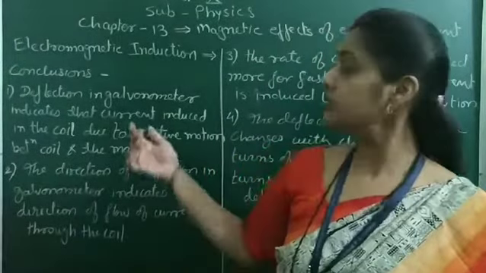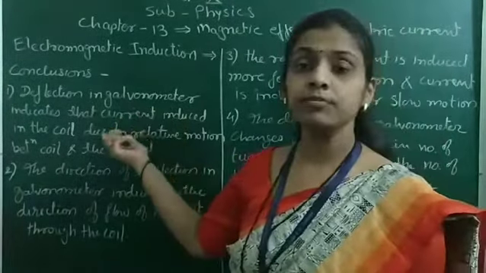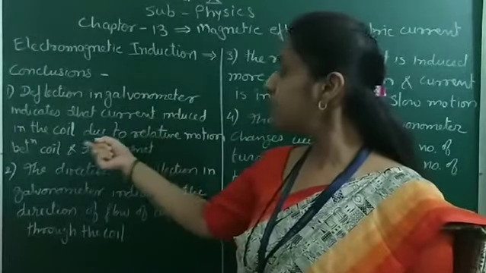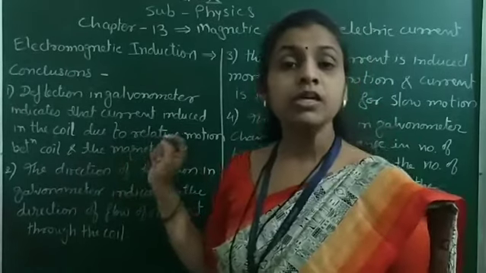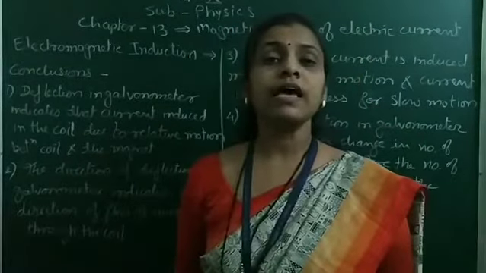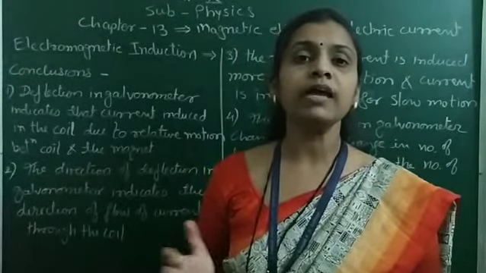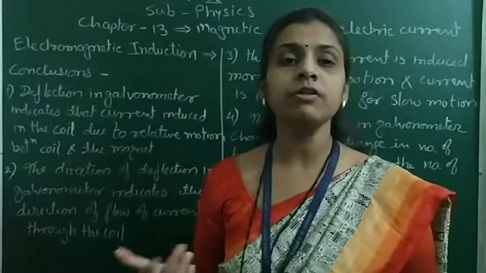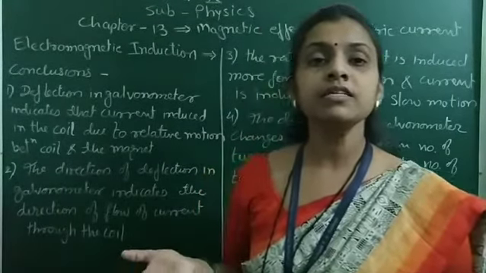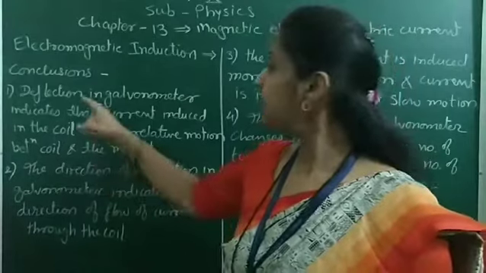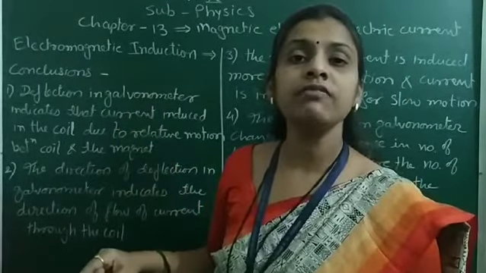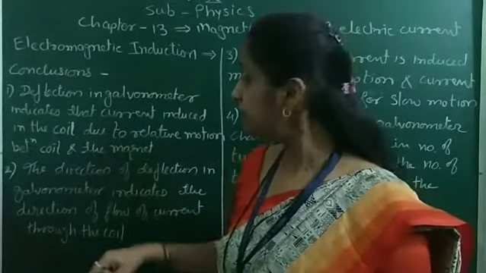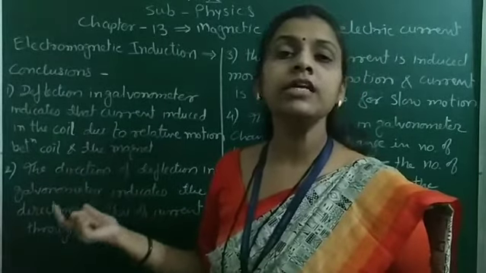Now the first conclusion: deflection in the galvanometer indicates that current is induced in the coil due to the relative motion between the coil and the magnet. Whenever there is a relative motion between magnet and coil, current will be produced, and it is shown by the deflection in the galvanometer. And why is the current induced in the coil?